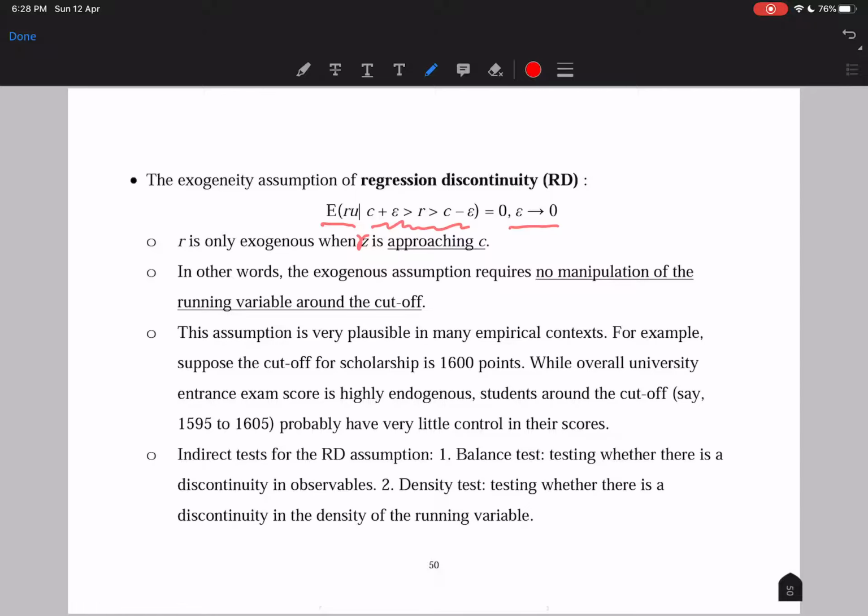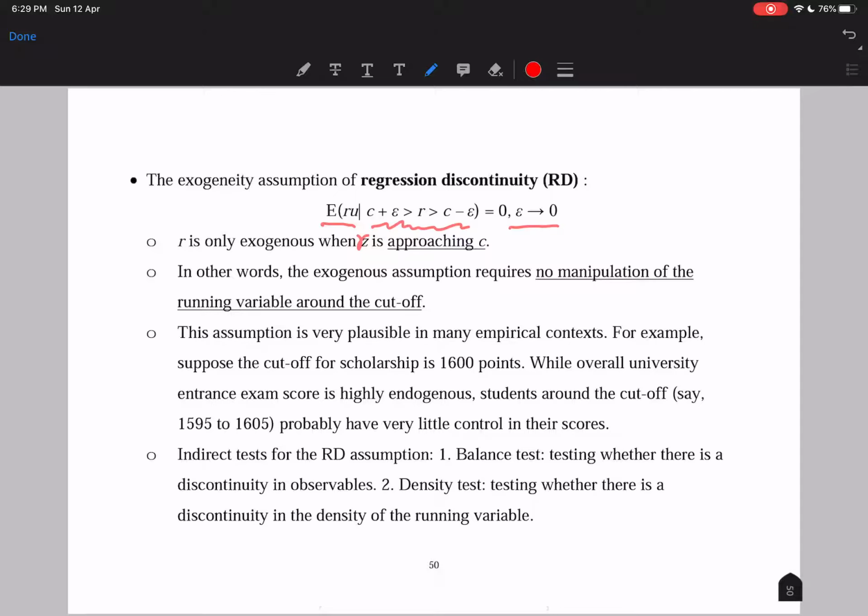I actually have a research project using the regression discontinuity design. In our project, we want to estimate the effects of New Zealand student loans on students' education outcomes and labor market outcomes.